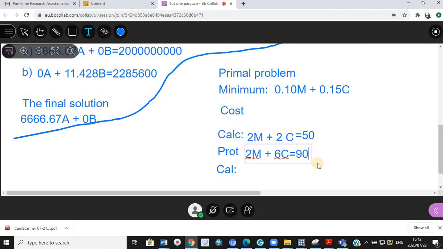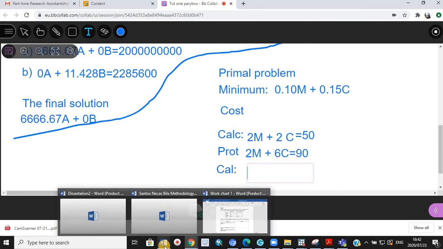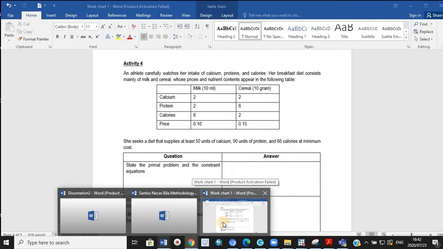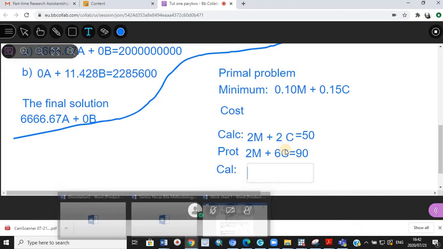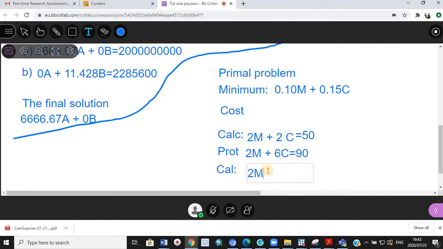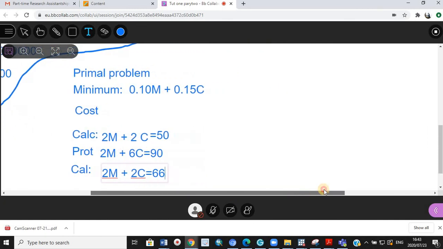Very good. Let's do the same again: 6 for milk plus 2 for cereal, and this should be at least 66. Very good. These are the constraints.